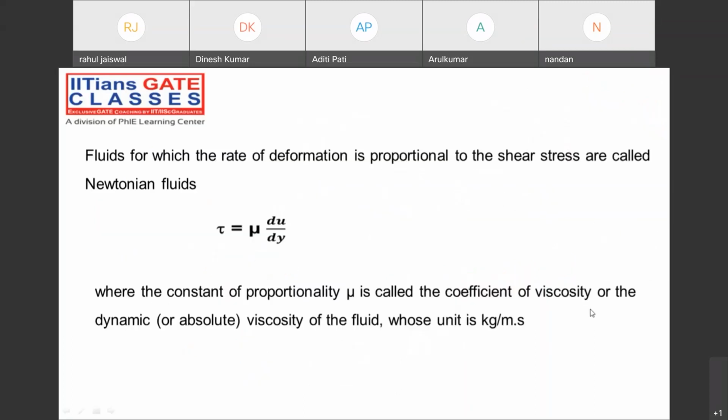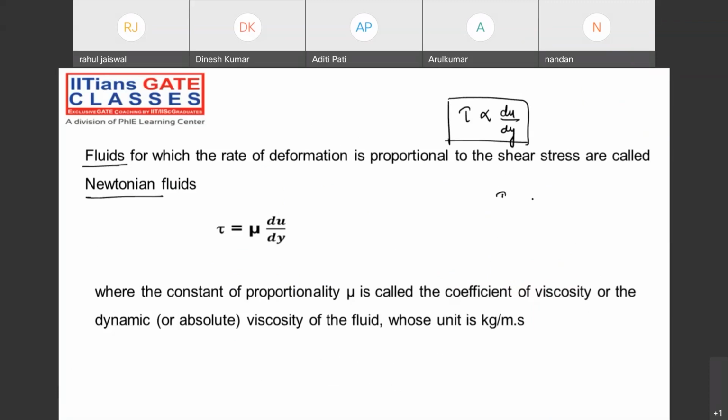Now, of course, this slide I already covered. The fluids for which the rate of deformation is proportional to the shear stress are called Newtonian fluids. Note down one point: the shear stress will be directly proportional to du by dy. That type of fluid we call Newtonian fluids.